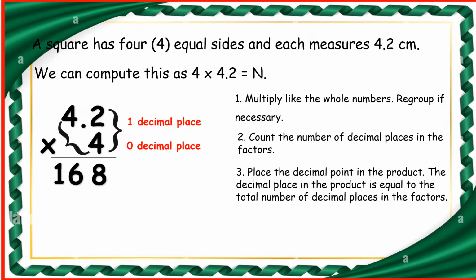Number 3, place the decimal point in the product, and the decimal places in the product is equal to the total number of decimal places in the factors. So we have 1 decimal place. And that means the answer is 16.8.